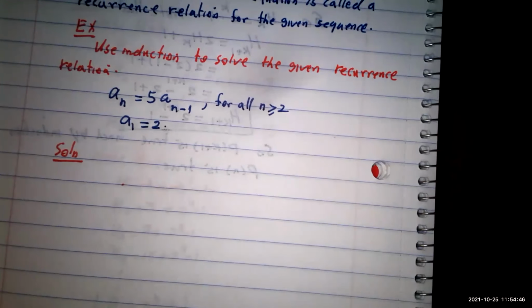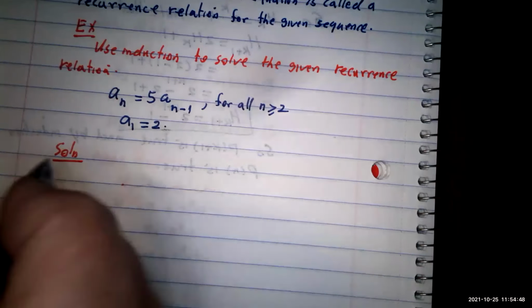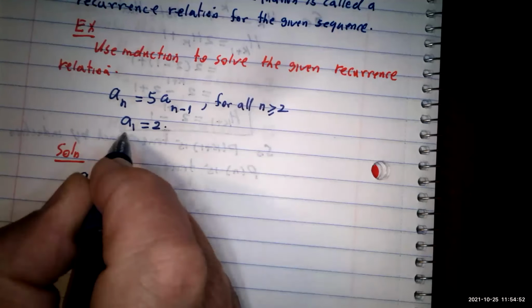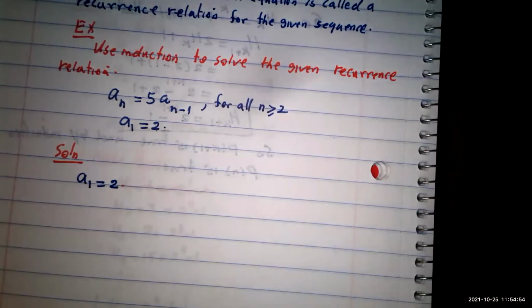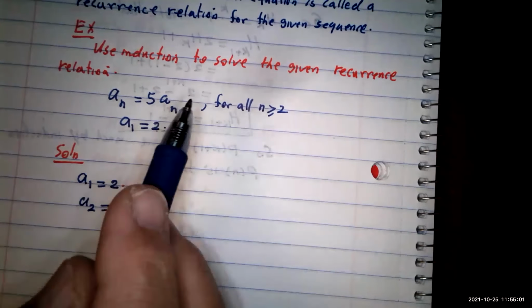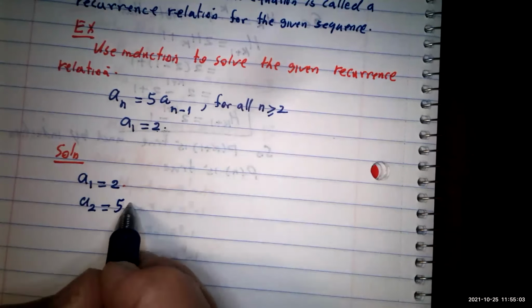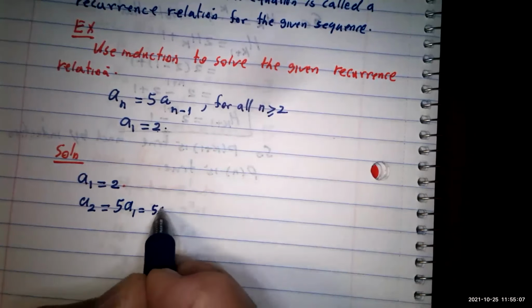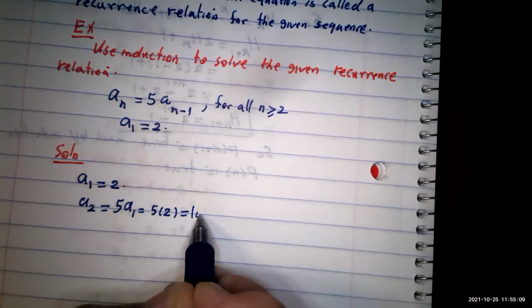Start writing some of them. A1 is already given to us, 2. Find A2. A2 is 5 times A1, so it's going to be 5 times 2, which is 10.